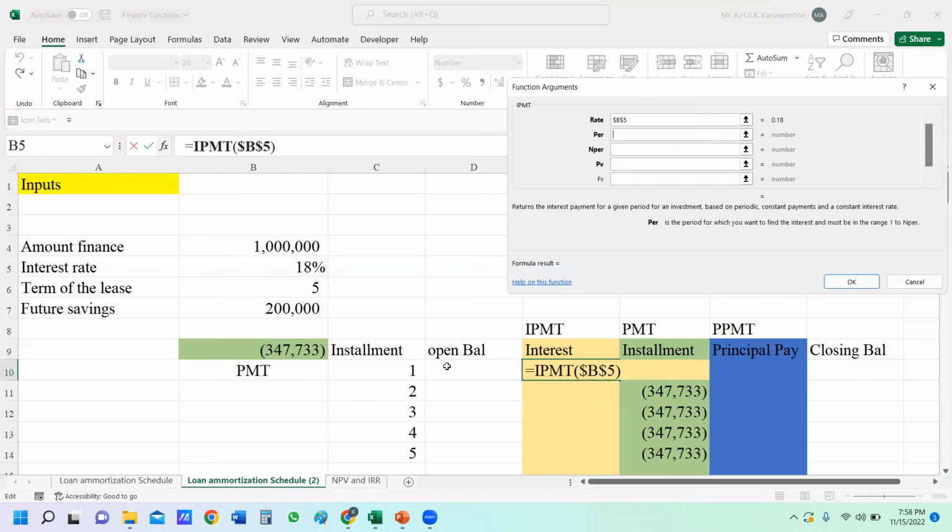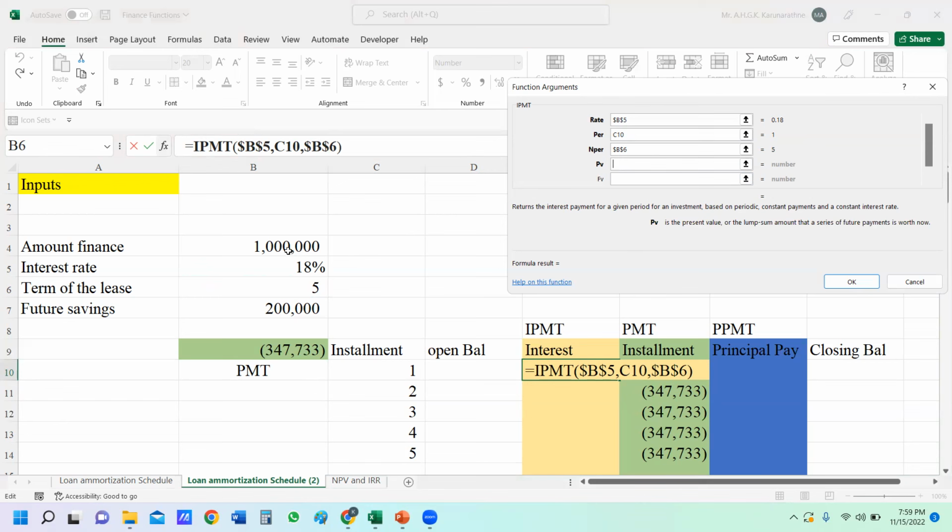PER, the period, is the relative period: interest computed for year 1, and make it relative so that you can track. NPER means number of payments. It is 5 years, and the installment is also on an annual basis, so 5 annual installments. Make sure it is fixed, pressing F4.